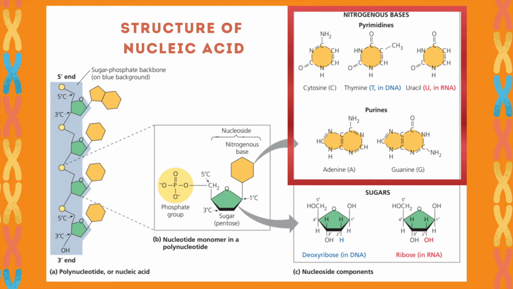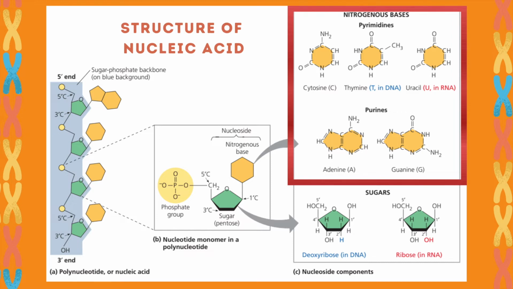These bases are so named because they contain carbon and nitrogen. DNA nucleotides contain the nitrogenous bases cytosine, thymine, adenine, and guanine, while RNA nucleotides contain the same nitrogenous bases except for thymine. Instead, it is uracil that replaces thymine in RNA.